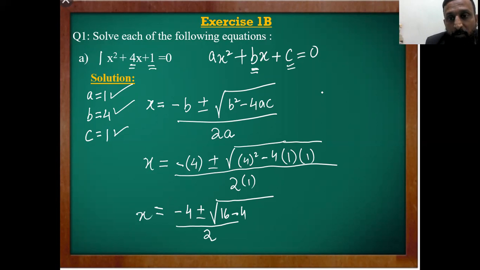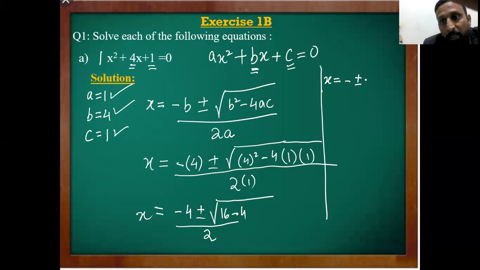So finally x equals negative 4 plus minus under root 16 minus 4 is 12, so we have under root 12, whole upon 2.